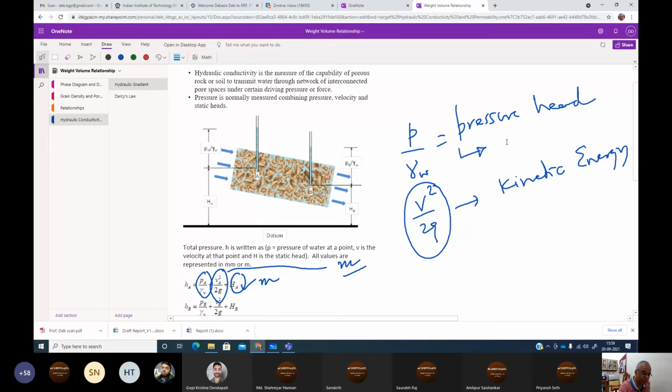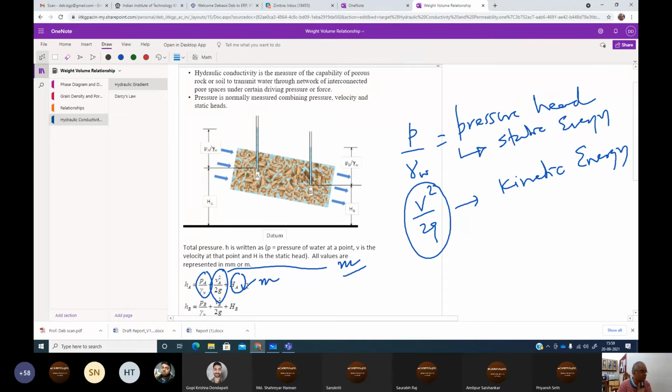This is coming from static pressure, and this is the elevation or potential energy, this one, H. So you see, there are three different ways the head can be formed.